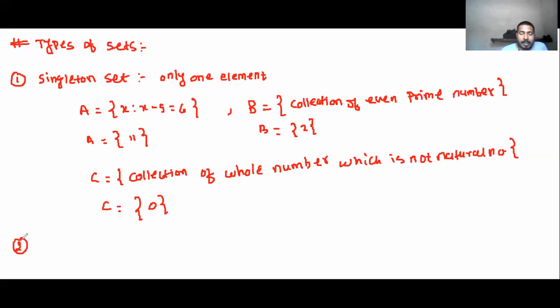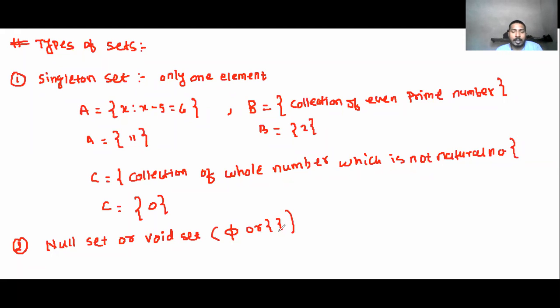Now the second important set is the null set, or void set. It is basically denoted by phi. First let us define it, then we will write how it is denoted.